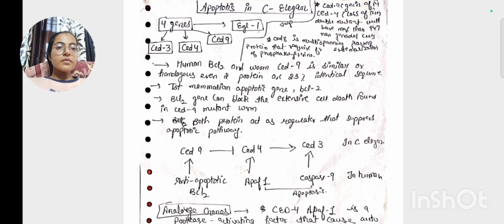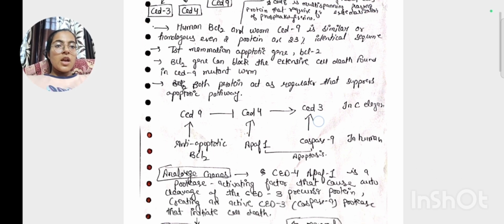So don't be too lenient, please read this topic. I'm just giving you the precise version of this topic, the most important points from where questions have been asked and will be asked in July 2025 and December 2025 also.